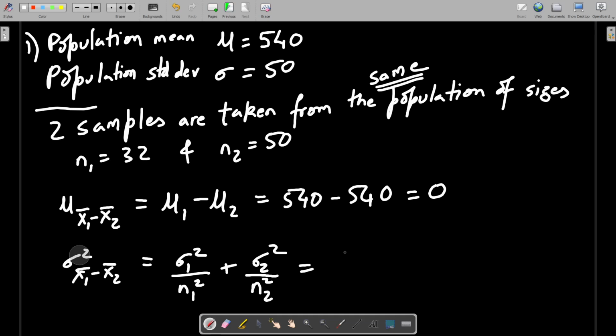See, sigma 1 and sigma 2 are the same things. Sorry, this is not square in the denominator. n1 is taken as 32.